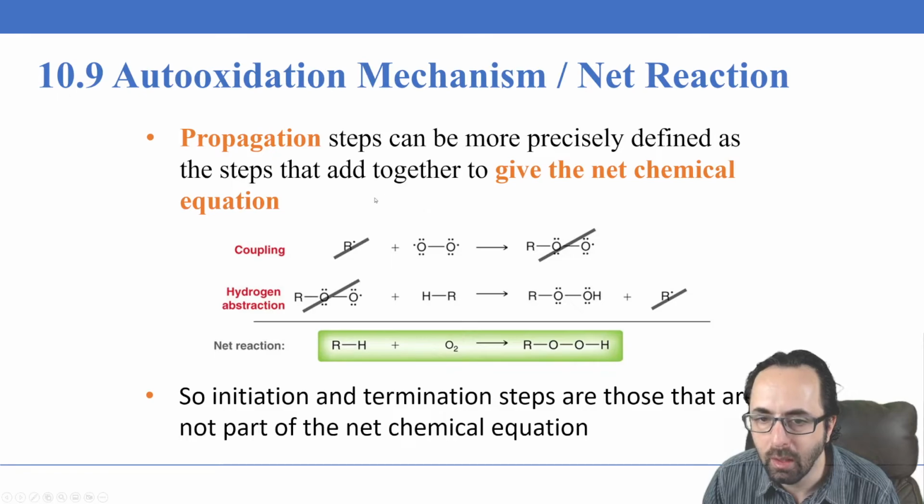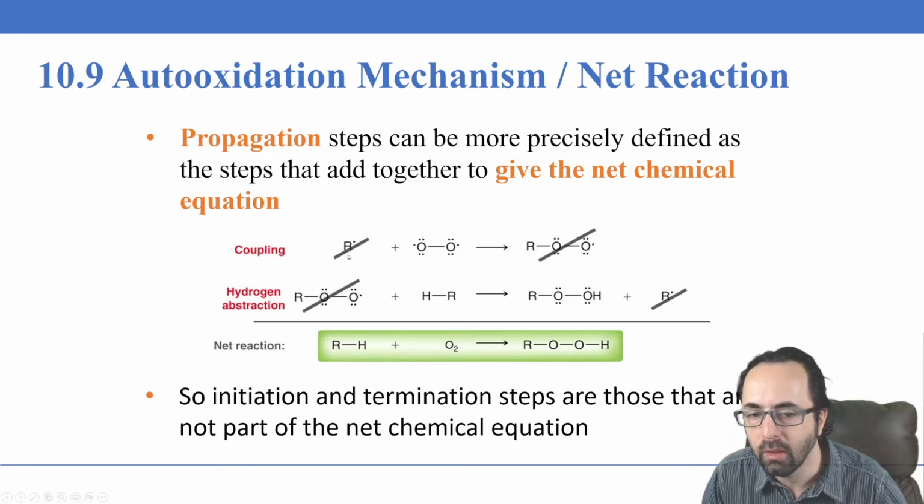So the propagation steps here, we can always add up all the propagation steps to get the net chemical reaction. The coupling step here with the diradical oxygen and the hydrocarbon radical produces this peroxide radical. Then finally the peroxide radical does a hydrogen abstraction. If we add these together, the first step produces the peroxide radical, which is consumed in the next step to produce the ultimate hydroperoxide.